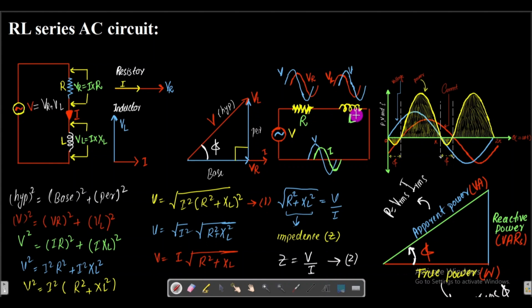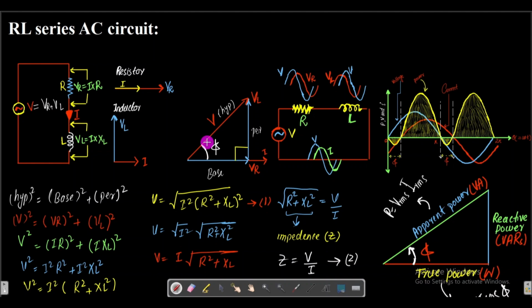Okay, and similarly when that same voltage is passed through this inductance L, in this case this provided voltage will be lagging from the voltage of this inductor VL. So this information is also given by this diagram. Here, this is V of L and this is the provided voltage.